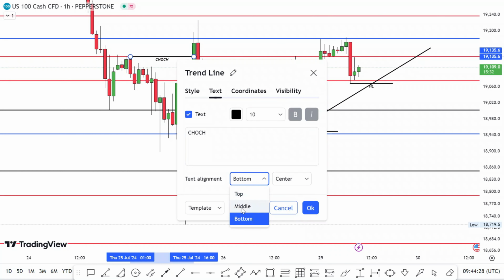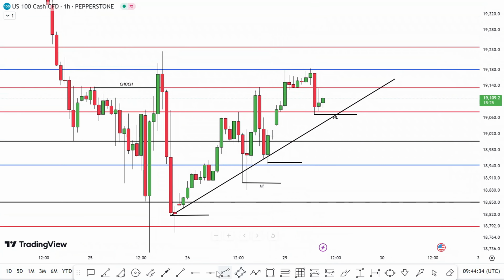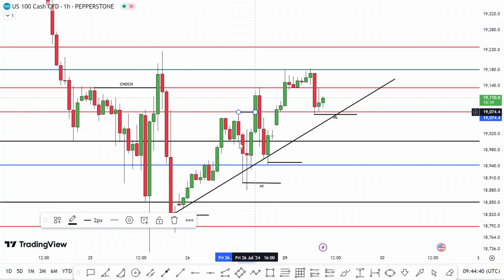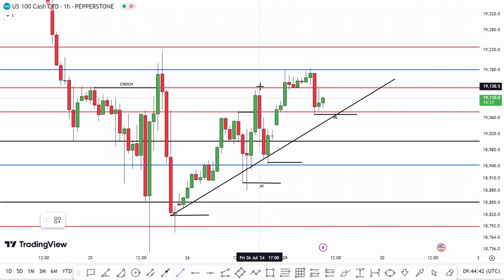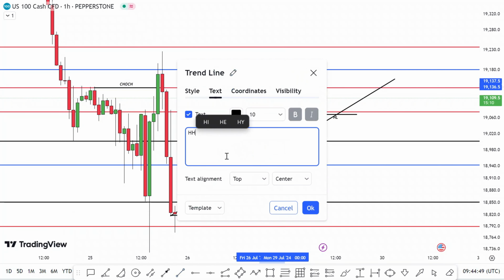So the market changed character there. Let me put this one at the top. And then all this will just be a break of structure, which is these higher highs.